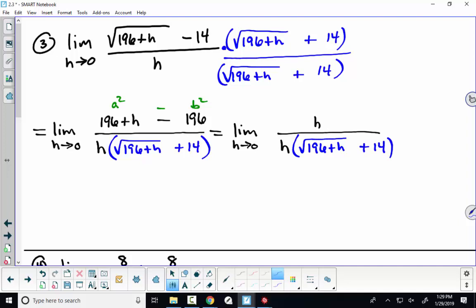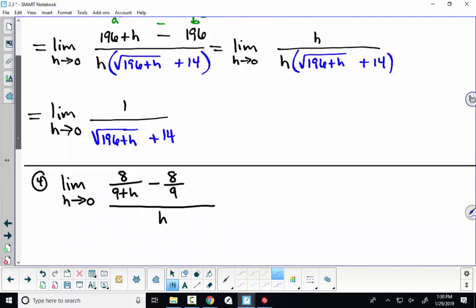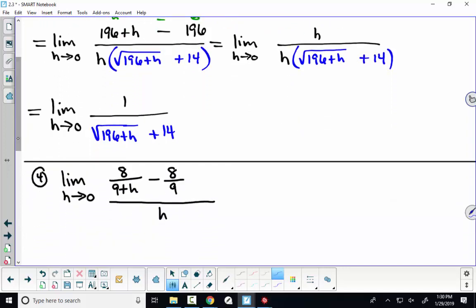And so that's what's going to cancel that division by 0 for us, and allow us to actually compute this limit. Do y'all have any questions on that?